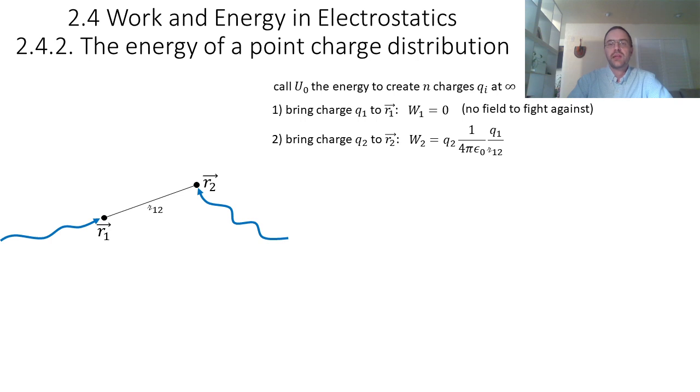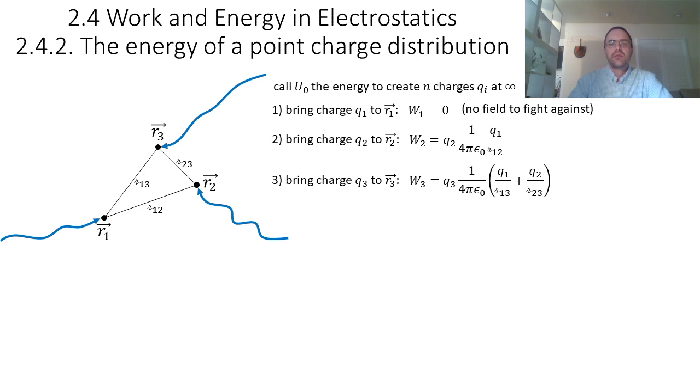So the work to bring the second charge is Q2 times the potential from Q1. And we take this potential at the position of R2. So that potential is 1 over 4 pi epsilon naught, Q1 over curly R12, the separation between R1 and R2.